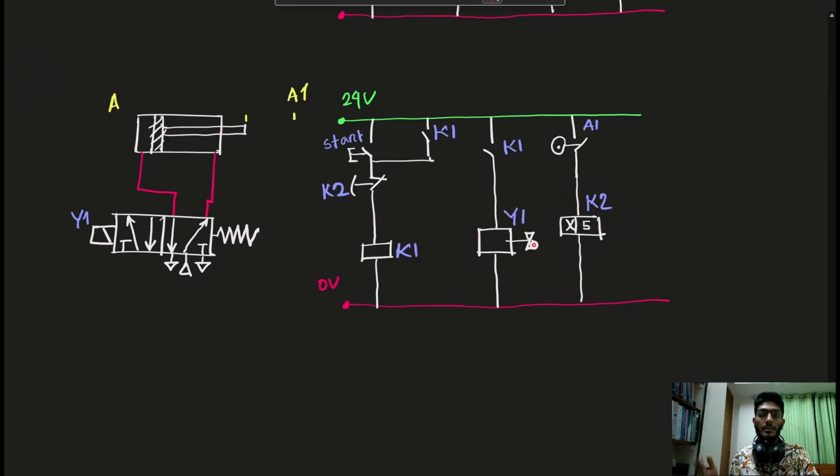The timer starts. 5, 4, 3, 2, 1, 0. This timer relay then gives a signal to this break switch. The switch breaks and the permanent connection breaks also. After that, due to this spring action, the right side of this DCV actuates and the cylinder returns to its initial position. Very simple. Let's see in the FluidSIM software.